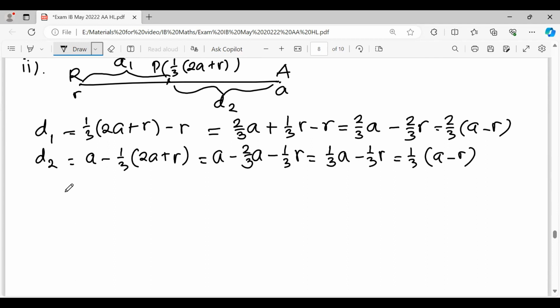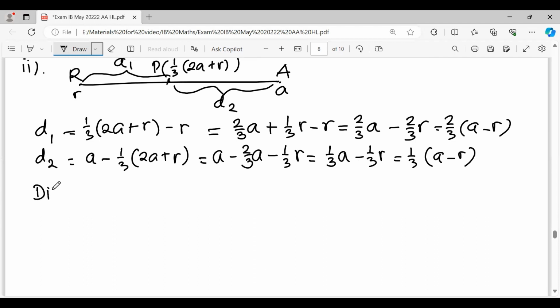So next, the distance between R and P is D1, and the distance between P and A is D2. Right.